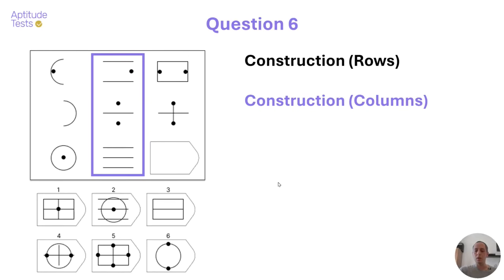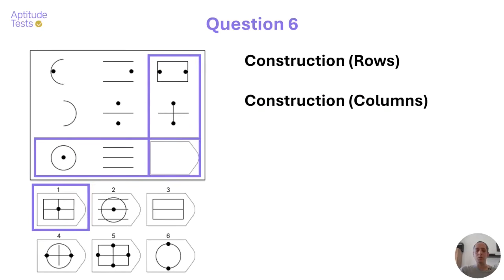We take the 2 lines from the top, the middle line from the middle, and then we have a construction of 3 lines in the bottom shape. So this is a question in which you're going to have to identify the different patterns of both the rows and the columns in order to be able to solve it. And that would yield answer number 1 as the final answer.